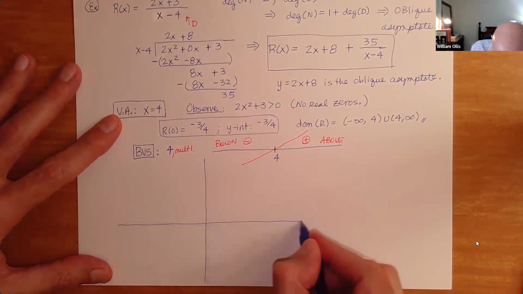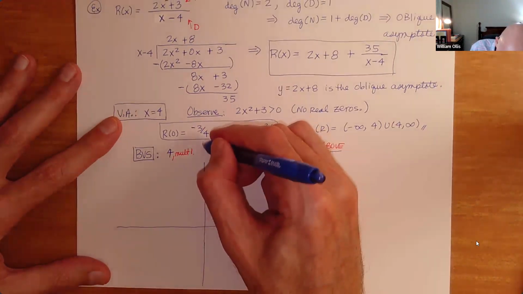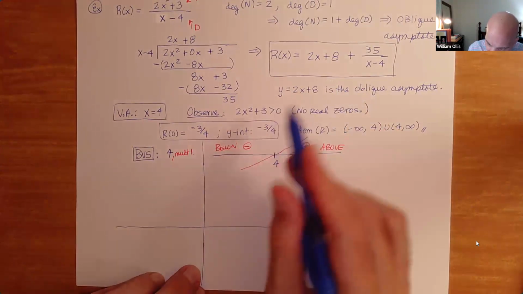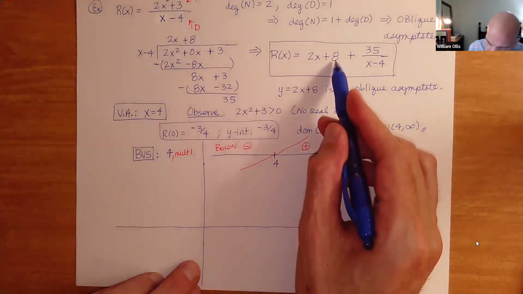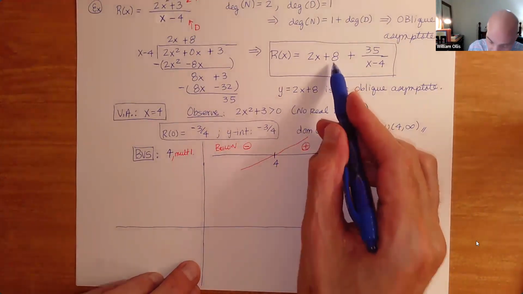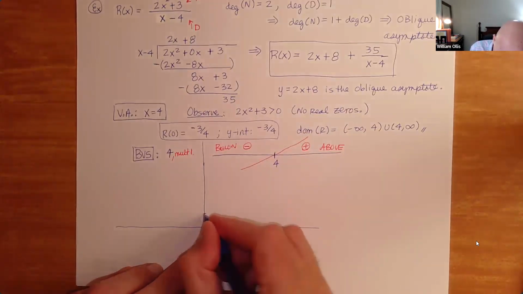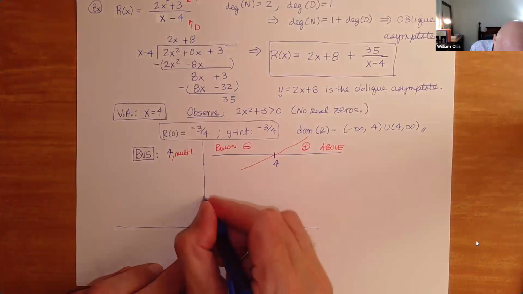So we can do this really simply so it doesn't take forever. So notice we'll do the scale so it's a little bit easier to do. We have in this case a y-intercept of 8. So we'll do 1, 2, 3, 4, 5, 6, 7, 8. You don't even have to be that specific, but we've got that.